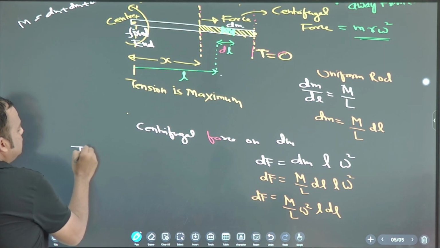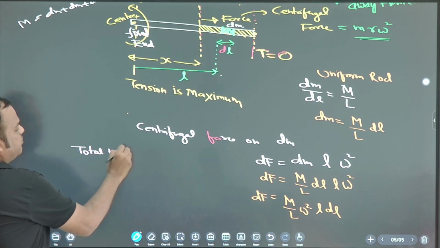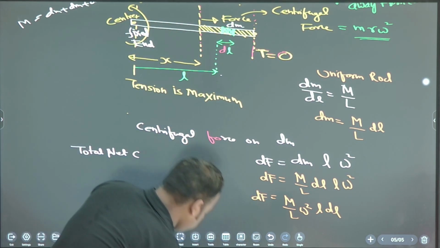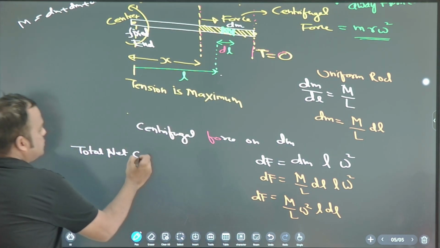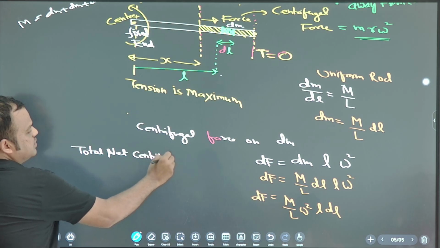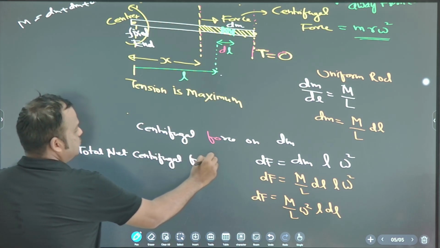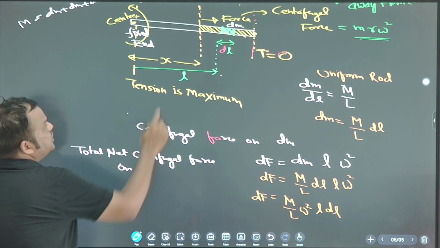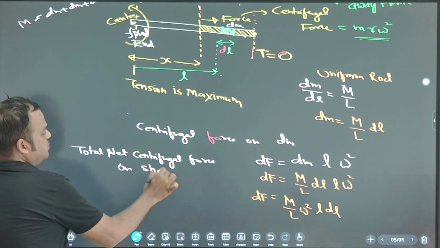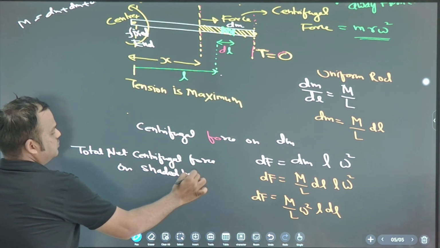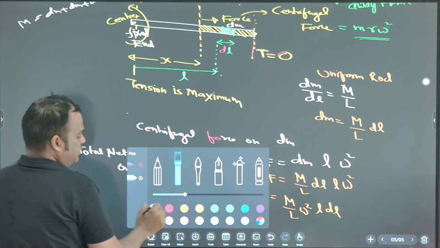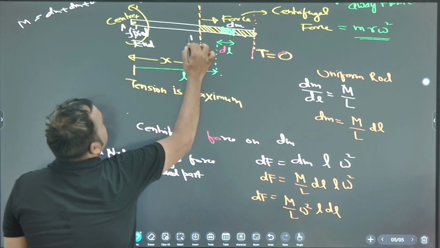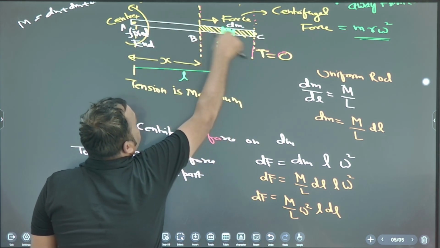So total means net centrifugal force on the shaded part. You can call it A, B, C. I am talking about BC.